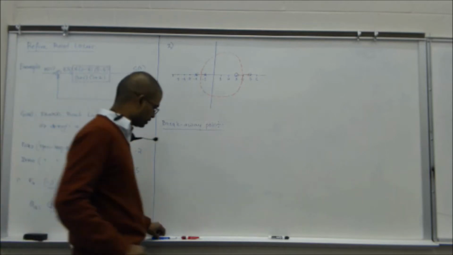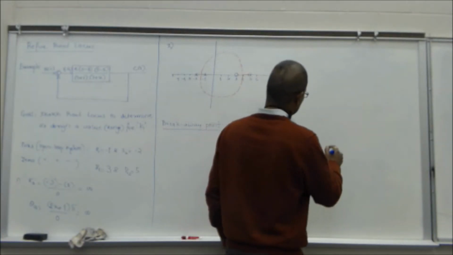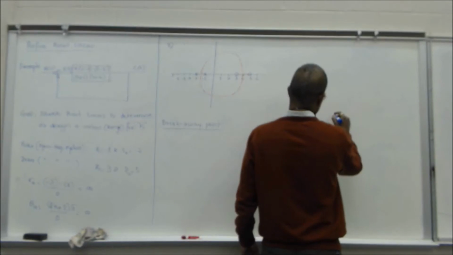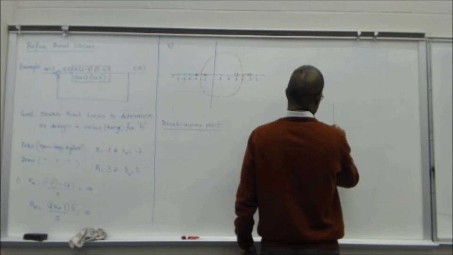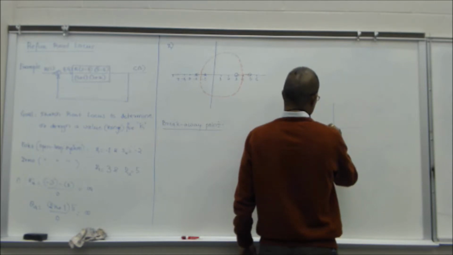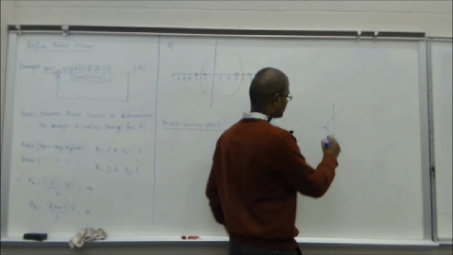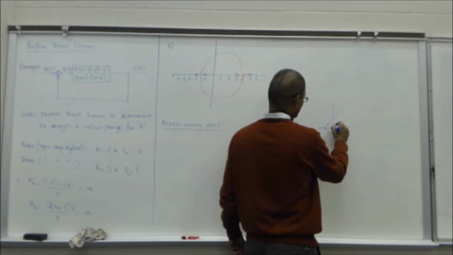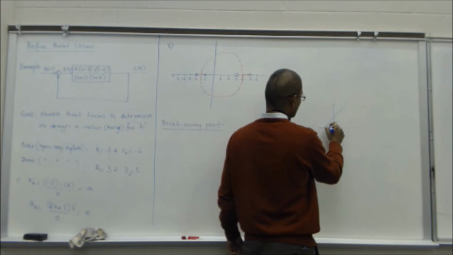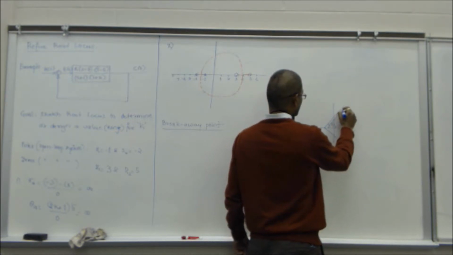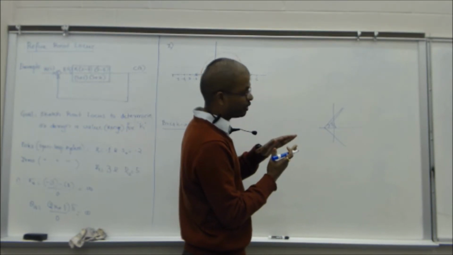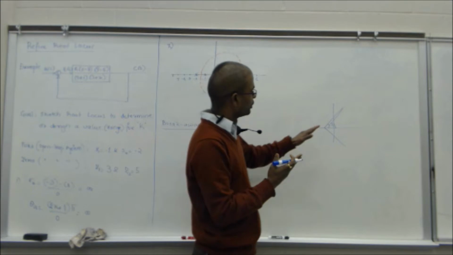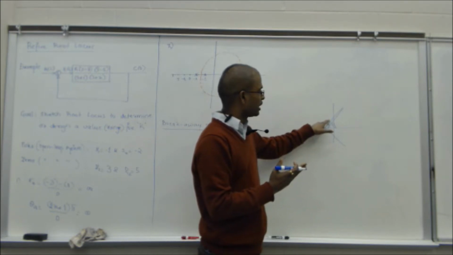So what it means is, if we had another, these are the angles, let's say this is pi by 3, right? So your root locus would be something like this. It would not be parallel, it would be an asymptote.